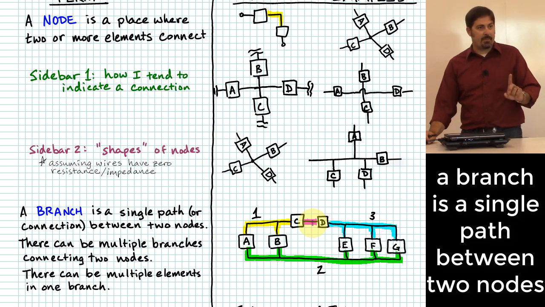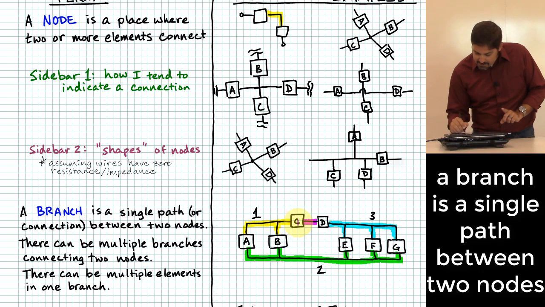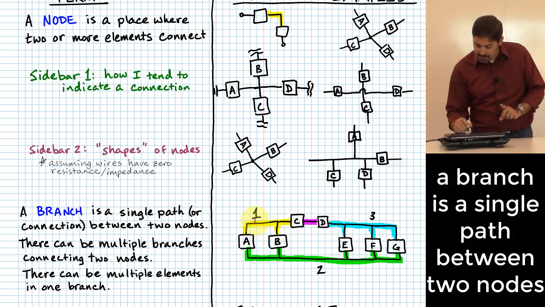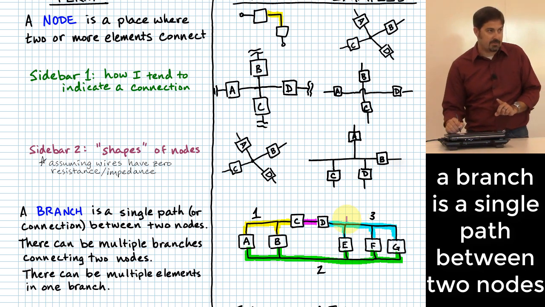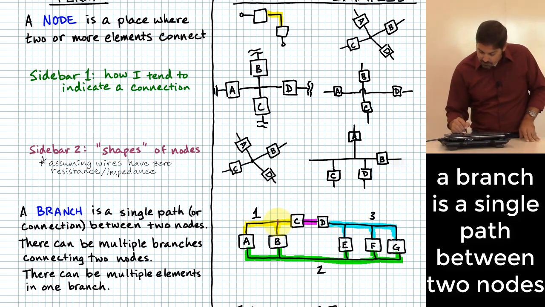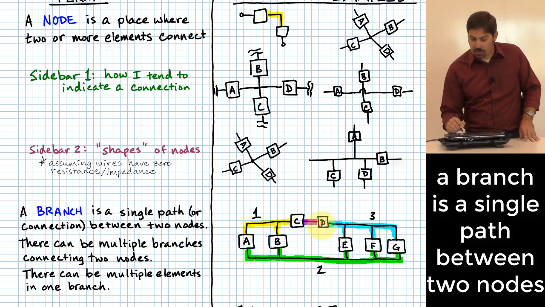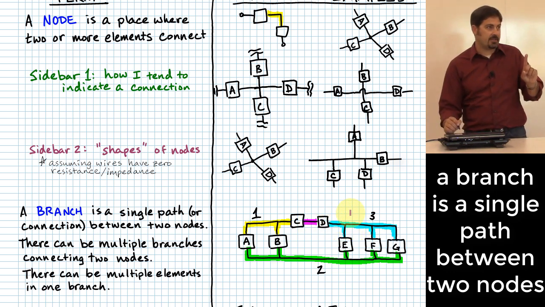Precisely for the reason that I'm about to talk about, and that is, it is all part of a single branch, right? If you look at what connects across from 1 to 3, there is a single path for current to flow from 1 to 3. It has to go through both C and D to go from 1 to 3, but there's no other place for it to go. There's just one path for it to go between those two locations.